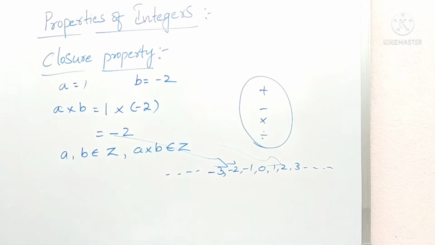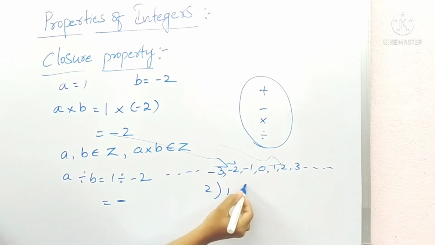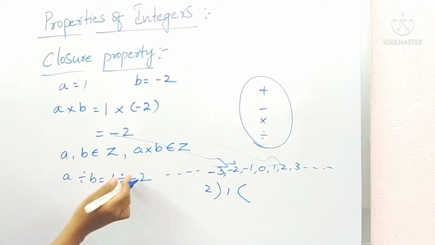And last we will see division. Okay, so division. So a divided by b, 1 divided by minus 2. In the division of integers, if one is negative, then the result is also negative. So we have to divide 1 by 2, excluding the minus sign.